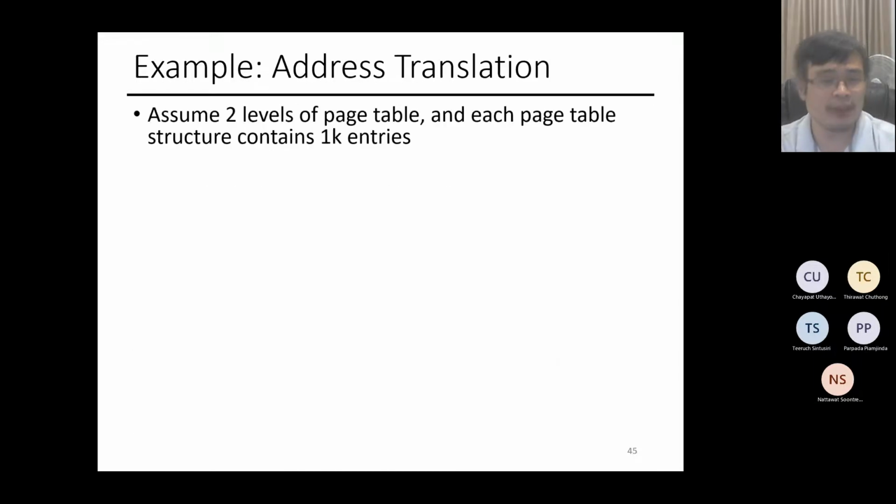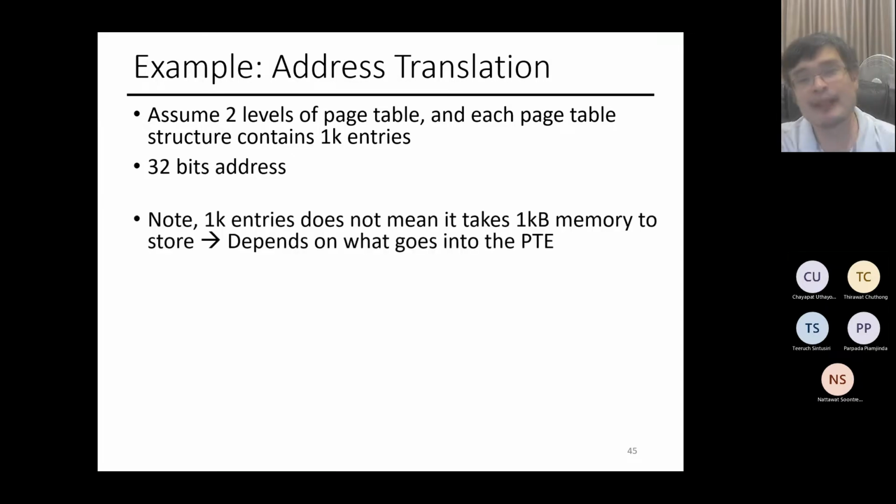So here's one example. Let's assume we have two levels. These are the 32-bit machines. So back in the day, year 2000, your CPU is still using the 32-bit CPU. The 32-bit x86 has two levels of the page table, where each table has 1000 entries. It's 32 bits for the address because it's a 32-bit machine.